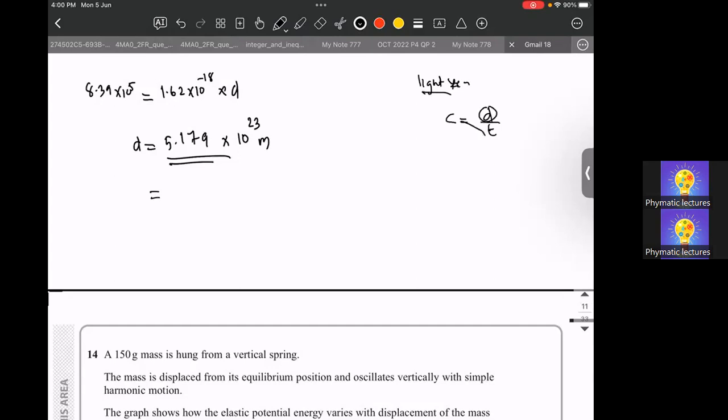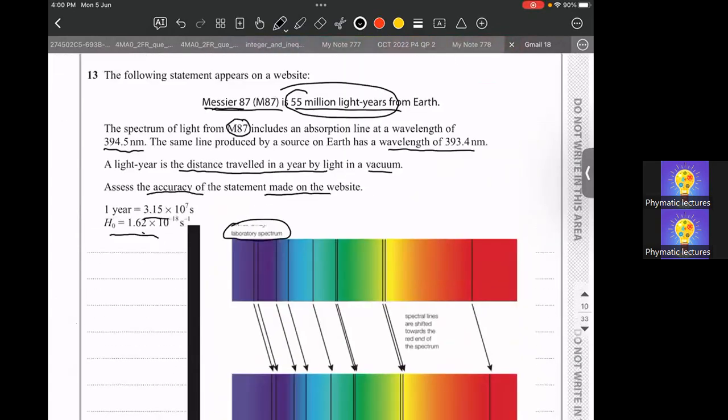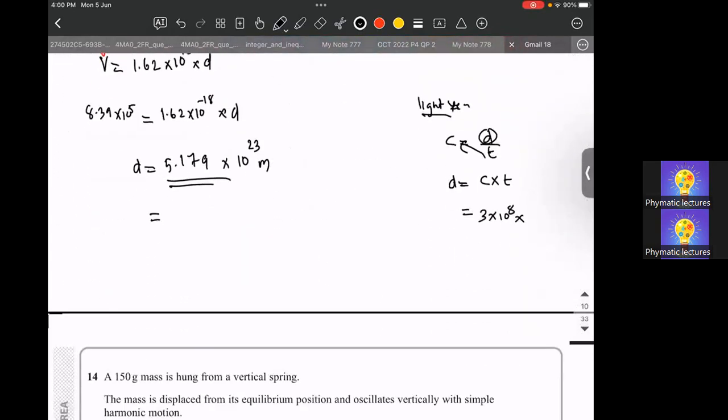So we need the distance. 1 light year is the speed of light times the time taken by light to travel 1 year. The speed of light is 3 × 10^8, and 1 year is 3.15 × 10^7 seconds. So this much meter.